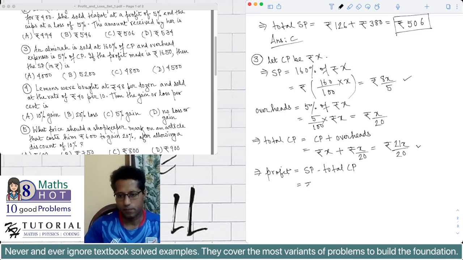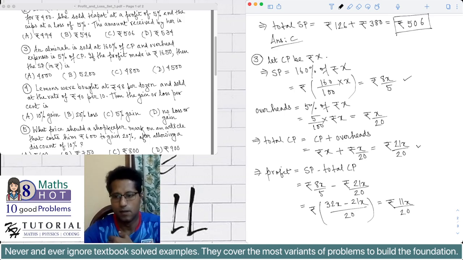This is equal to the selling price 8X by 5 minus the total cost price rupees 21X by 20. If we subtract this, we have 32X minus 21X divided by 20. This is equal to rupees 11X by 20.